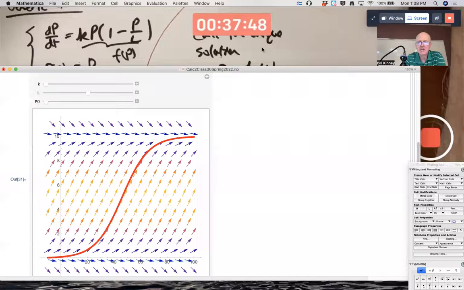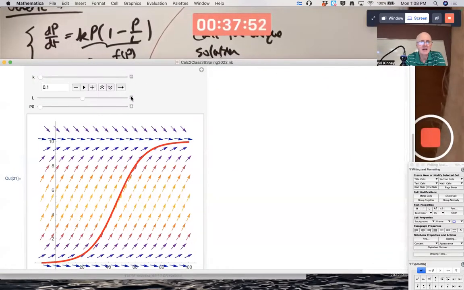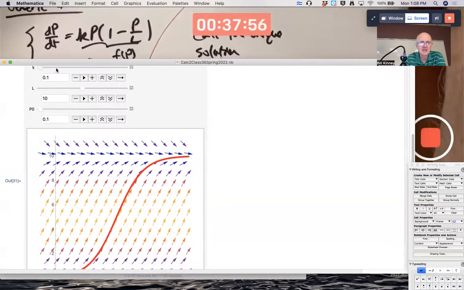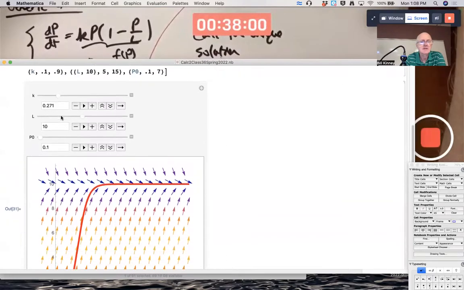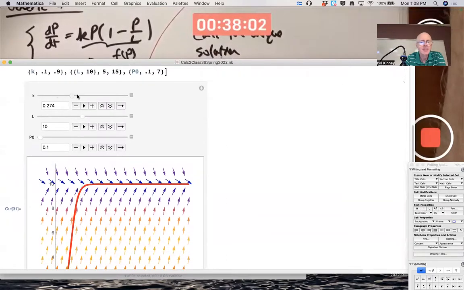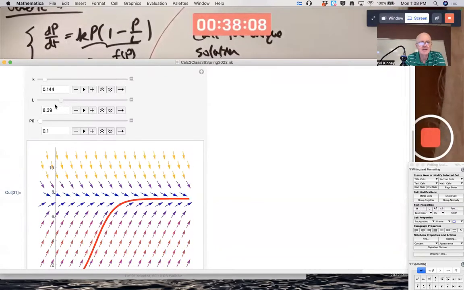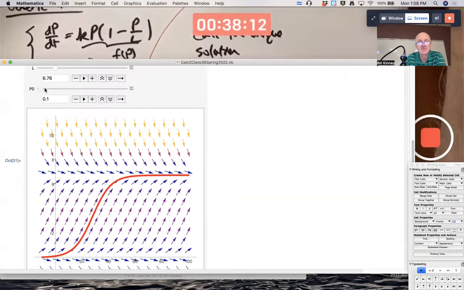This allows me to make changes. So I can change the value of k, change the value of L, change the value of P naught. Changing k, yes, changes how fast everything goes up. Well, let's see. Yeah, that is working. Changing L changes the carrying capacity. What's the limit as t goes to infinity? And changing the initial condition changes exactly that, the initial condition.